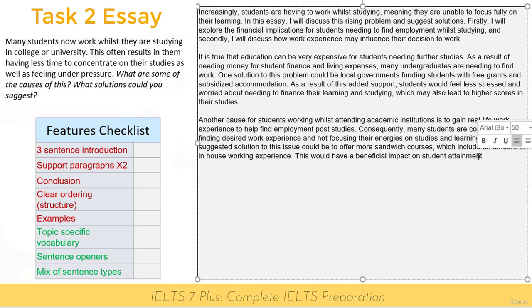For example, if student attainment was high, it meant that many students were passing. So this would have a beneficial impact on student attainment as my connective, as learners could focus on their courses at all times.